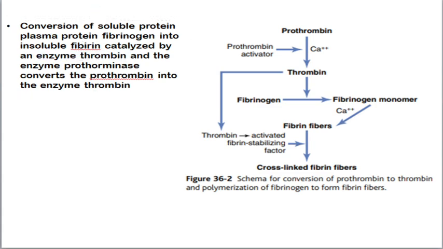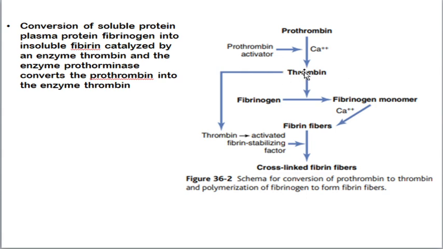To activate this enzyme, another enzyme plays the role. The enzyme name is prothrombinase, which converts prothrombin, an inactive form of the thrombin enzyme, into thrombin. Here you can see prothrombin is converted into thrombin in the presence of Ca2+ and prothrombin activator.